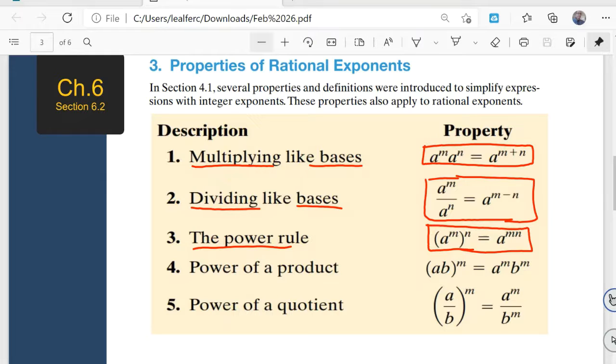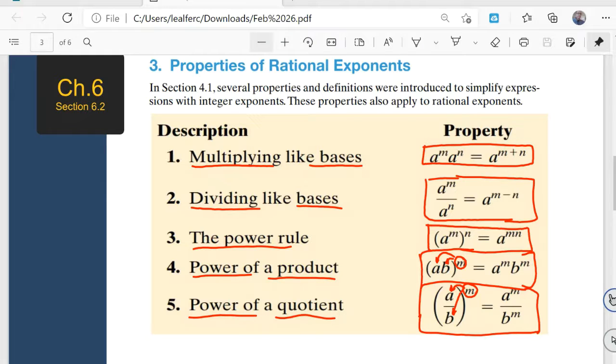Number 4, power of a product. If you have a product with two different factors to the same power, it looks like a distributive property. You're going to distribute this exponent to each factor. And the power of a quotient is kind of the same thing, because you're going to distribute this exponent to each factor, numerator and denominator.